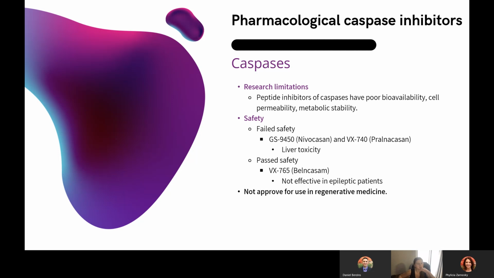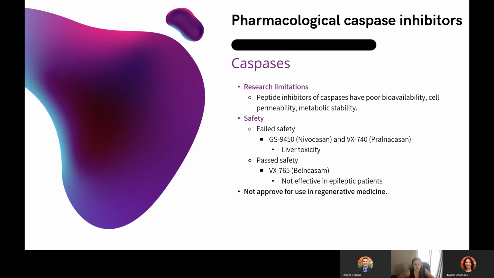There is limited research available on caspases, and there are various reasons for that and challenges. Currently, peptide inhibitors of caspases have poor bioavailability, cell permeability, and metabolic stability. This poses a challenge to isolate their structures and modify them for research. The safety of caspase inhibitors is also a big question.